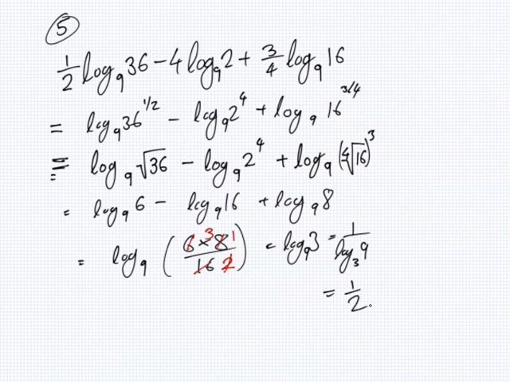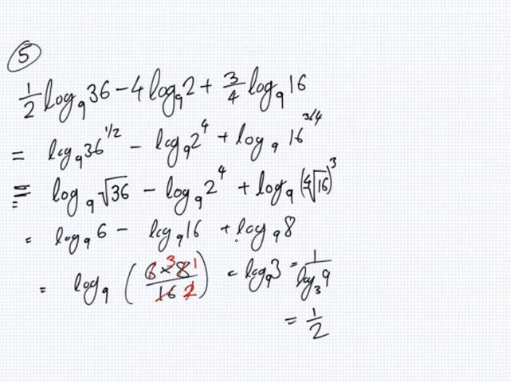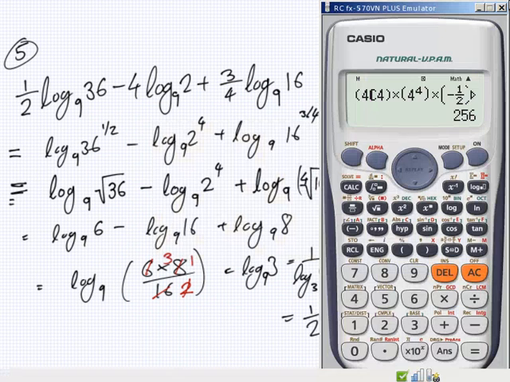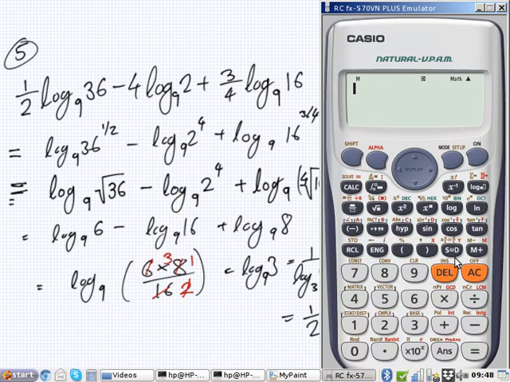Now let's check the answer, because we can check this on the calculator. Let's see. So we have 1 over 2 log base 9 of 36 minus 4 log base 9 of 2 plus 3 over 4 log base 9 of 16. 1 over 2.